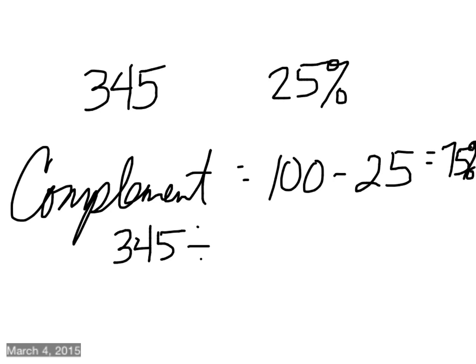Now, we do not divide it by 75. If Derek was here, I'd ask him again, like I always do every day. When I have that 75, that is a percent. So when I use that in the formula, that needs to be divided by 0.75. What's $345 divided by 0.75?